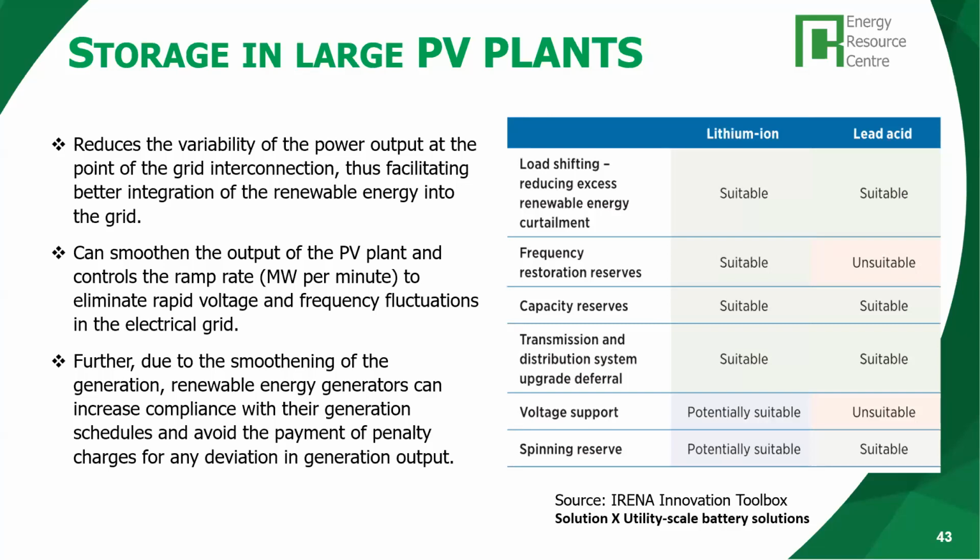The batteries can control the ramp rate, and imagine they have to deal with megawatts per minute, so it's not a small thing we're talking about here, to very quickly eliminate voltage and frequency fluctuations that can really damage the grid and make it go crazy.